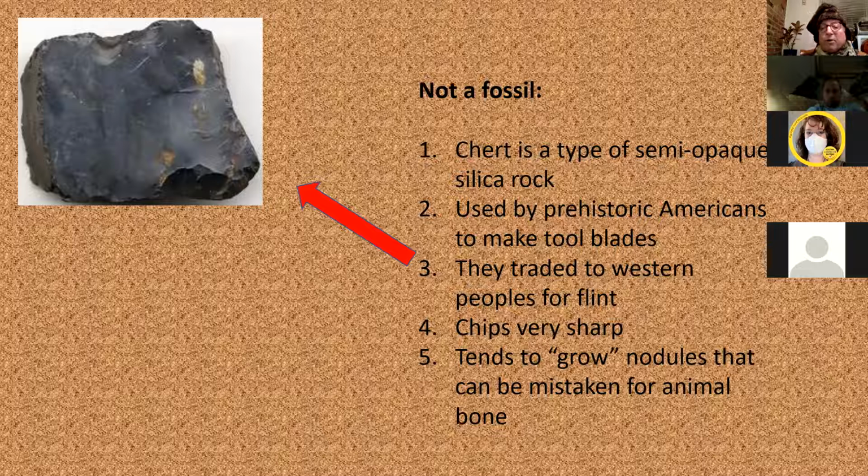And the people to the west of us, that came over here to do that trading, they didn't have chert, and they wanted it for much the same reasons that our people here used it for. Again, they're very sharp, but the thing that can be confusing about it, and I will show you, is they tend to grow, if you will, nodules that can be mistaken for animal bone in the rock.